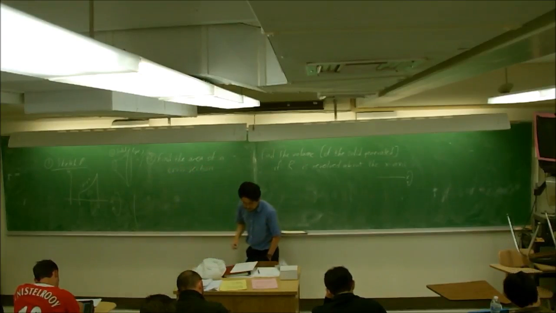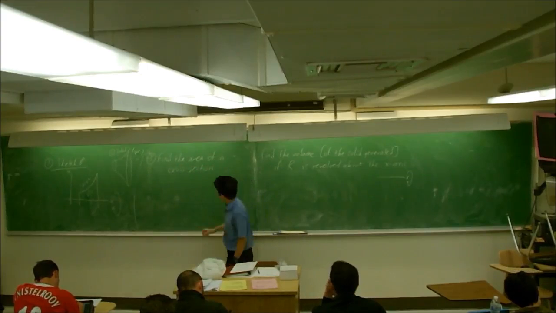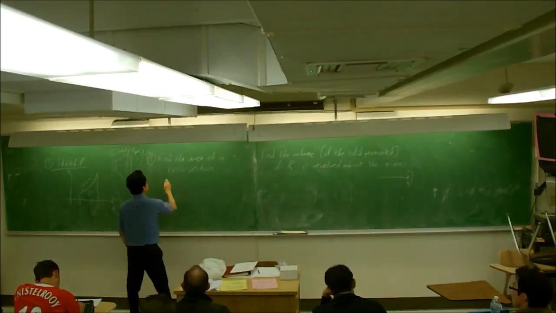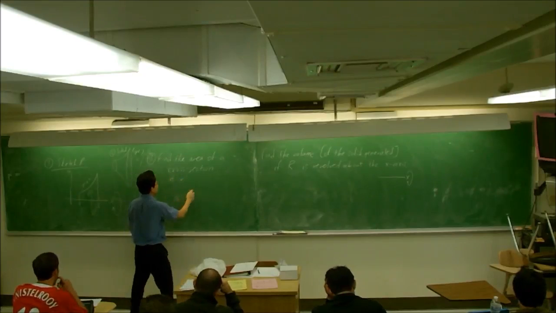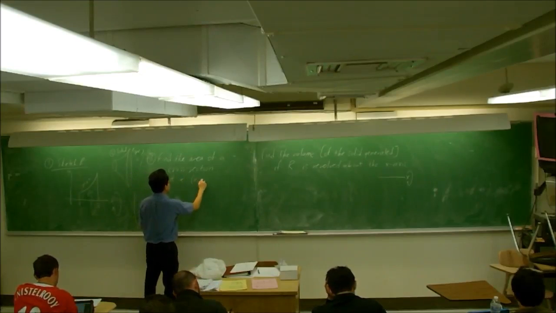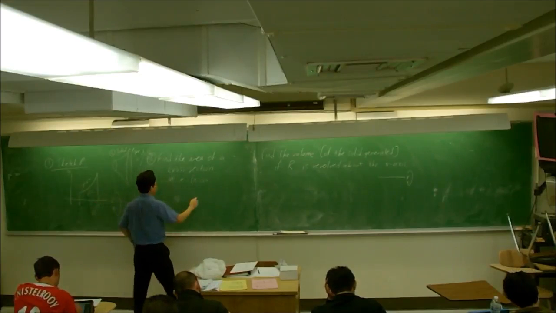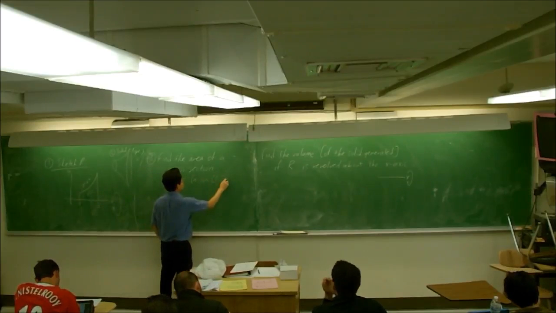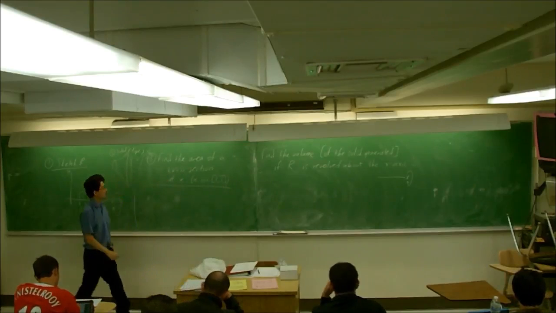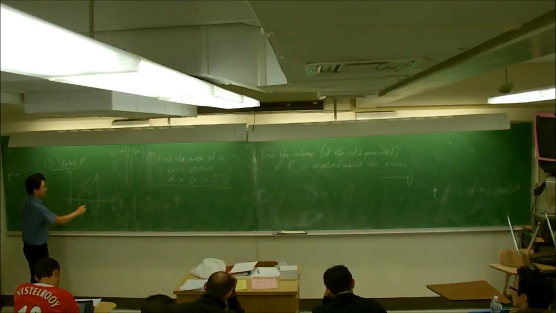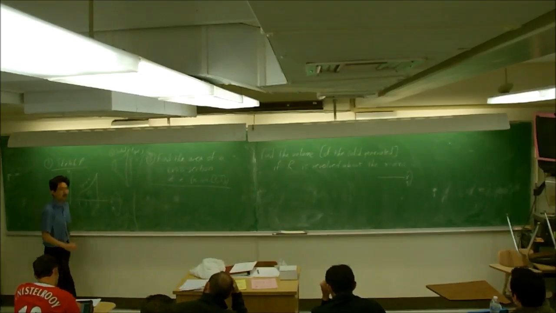Okay. All right. So specifically, we're going to find the area of a cross section at x, where x is in the closed interval from 1 to 3. Okay, so kind of a long statement here, but find the area of a cross section at x, where x is some arbitrary value between 1 and 3.